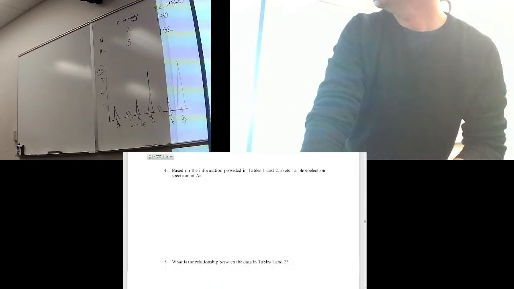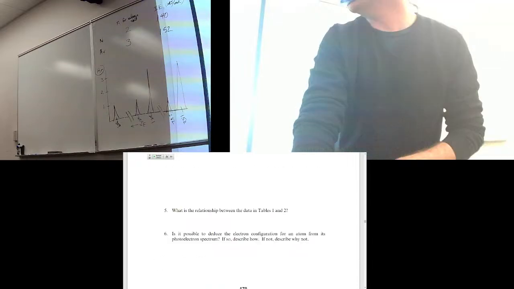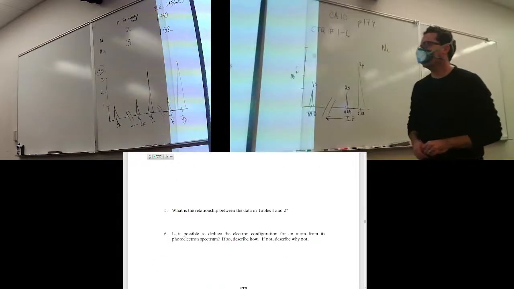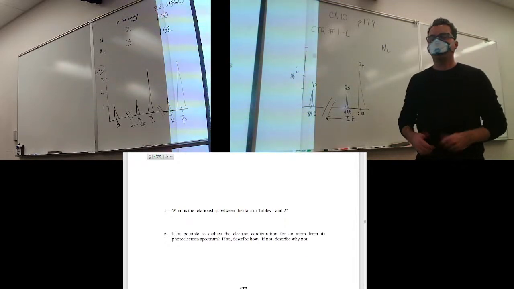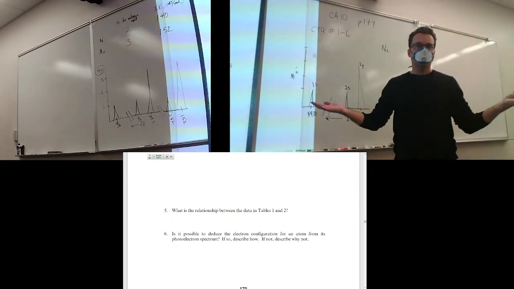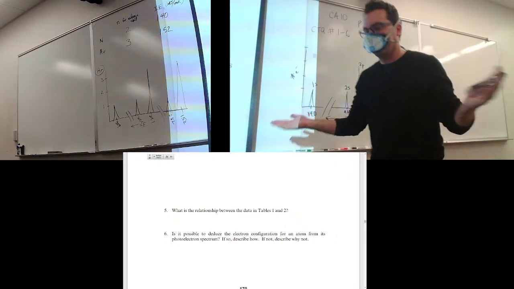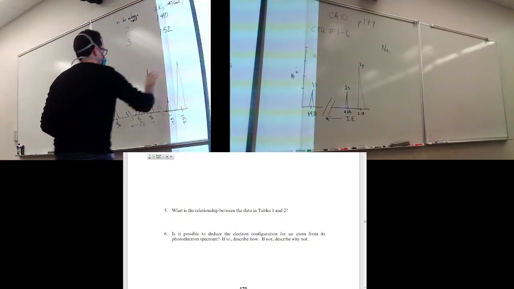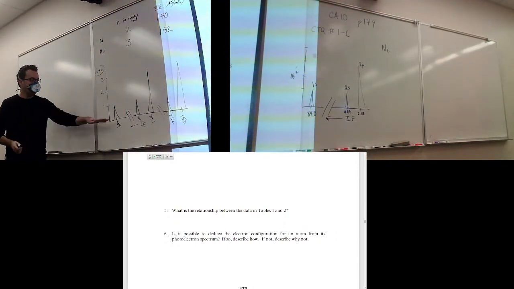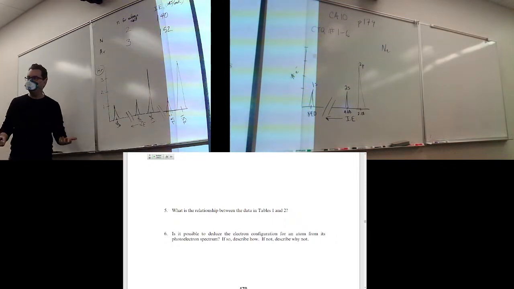What else? Is it possible to deduce the electron configuration of an atom from its photoelectron spectrum? What do you think? I see head shaking. Yes, you can. Just looking at this, I can go backwards, okay? The highest energy peak is always going to be from shell 1.